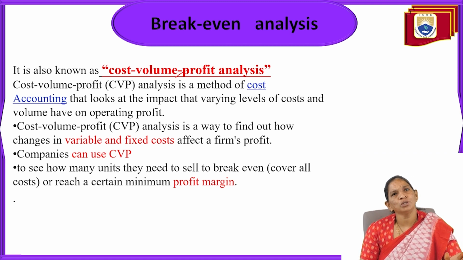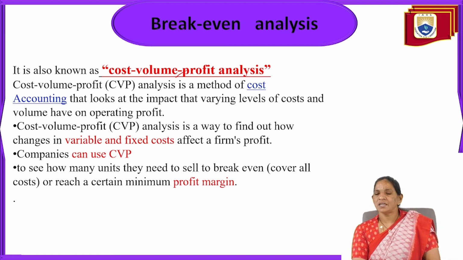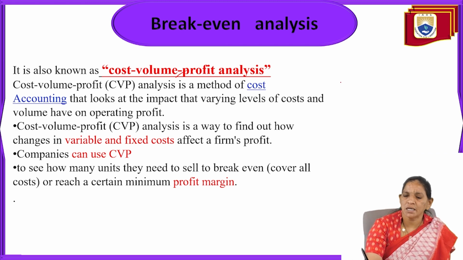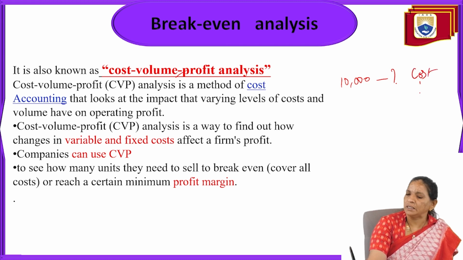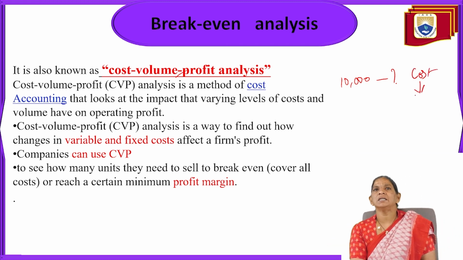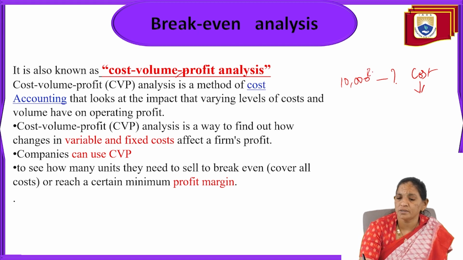Based upon that cost level, we see how many units we produced, and for those units, how much profit we achieved. First we see, maybe, for 10,000 rupees, what cost is involved, and how many units you produced.